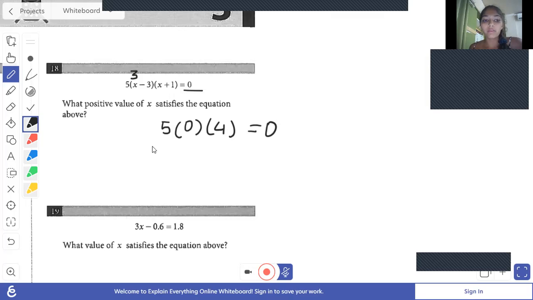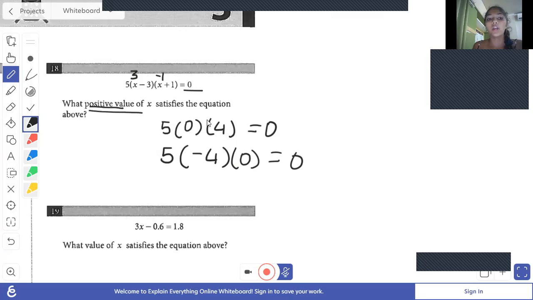If I put x equal to negative 1, then I'd get 5 times (negative 1 minus 3), which is negative 4, times 0, which also works. But they've asked for the positive value of x that satisfies the equation. So the answer to this would be 3.